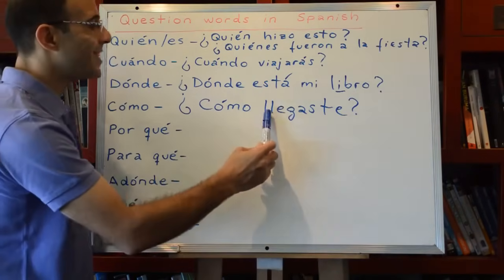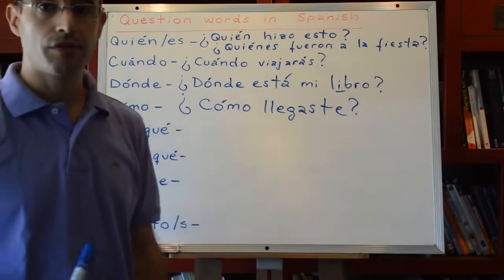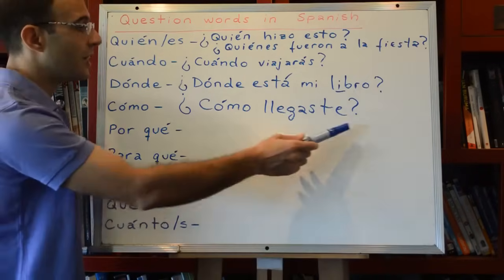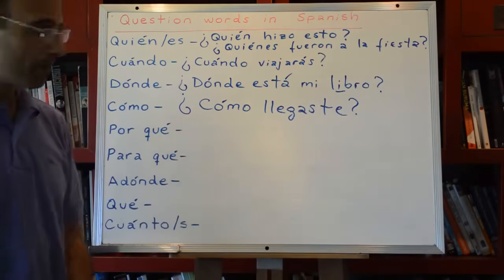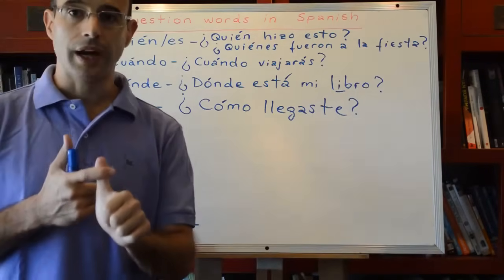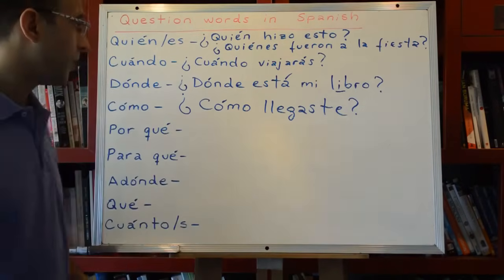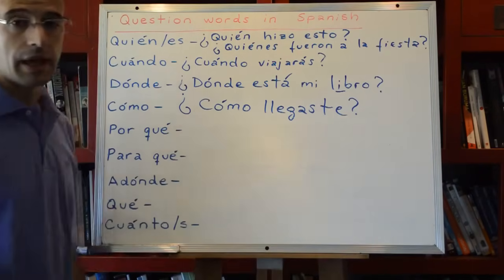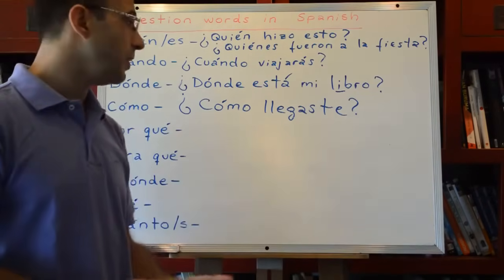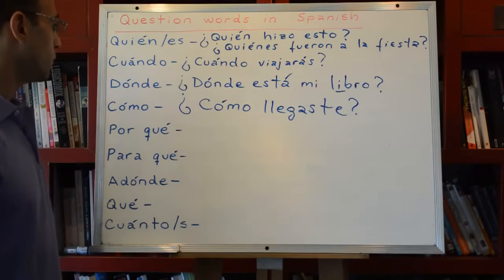The verb llegar, because llegaste is the past tense for the second person, for tú. The verb is llegar. Llegaste is past. And the verb llegar can mean to arrive and to come. So, ¿cómo llegaste? Can mean either how did you come, or how did you get here, or how did you arrive. Okay? Good.